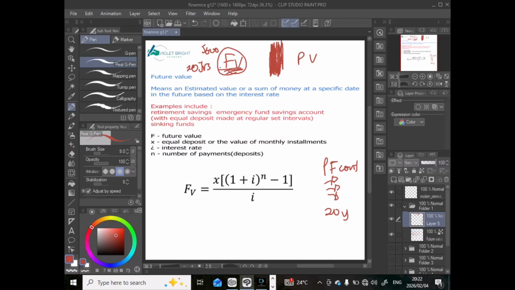Now, under present value, we will be dealing with loans. In most cases we will be dealing with home loans and bonds, car loans, and etc. So this is basically a loan.